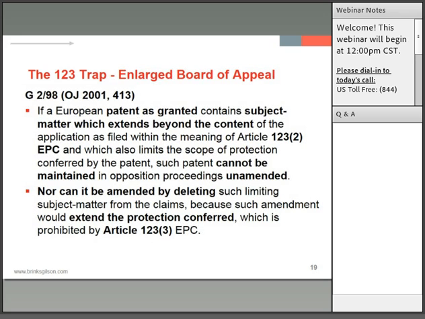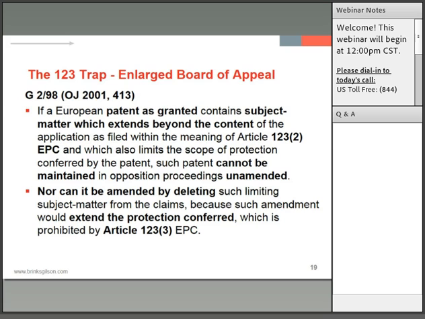Here we have another decision of the Enlarged Board of Appeal, where it recites Article 123.2 that the claims cannot extend beyond the content of the application, so they cannot contain new subject matter that was not disclosed at the time of filing.